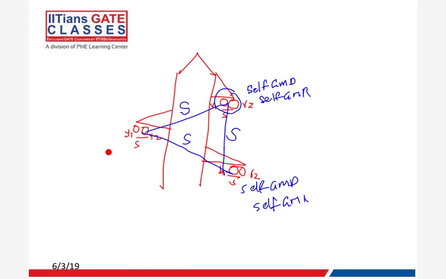Here also we have to calculate self GMD and self GMR. Then use this self GMD and then we will have to calculate the GMD of the system. The calculation becomes even a little trickier, which we will take up in the next class, because we will not be able to cover it right now. Don't worry, I'm just giving you a taste of what is coming up next.